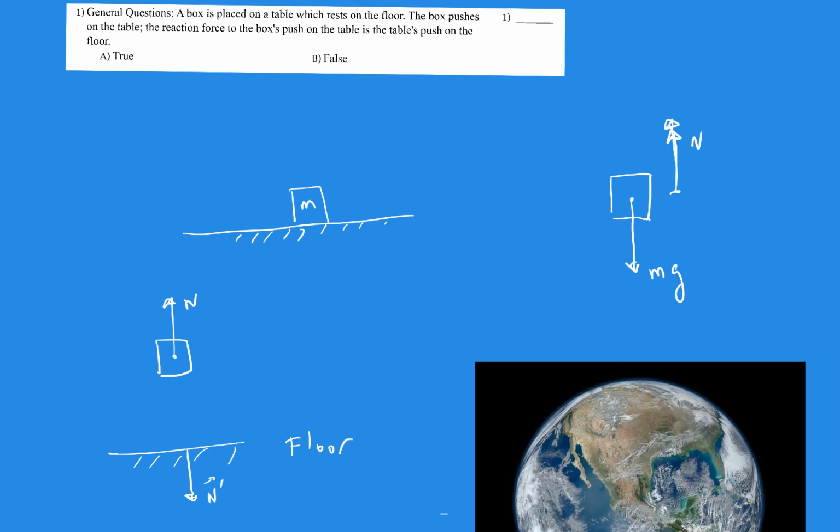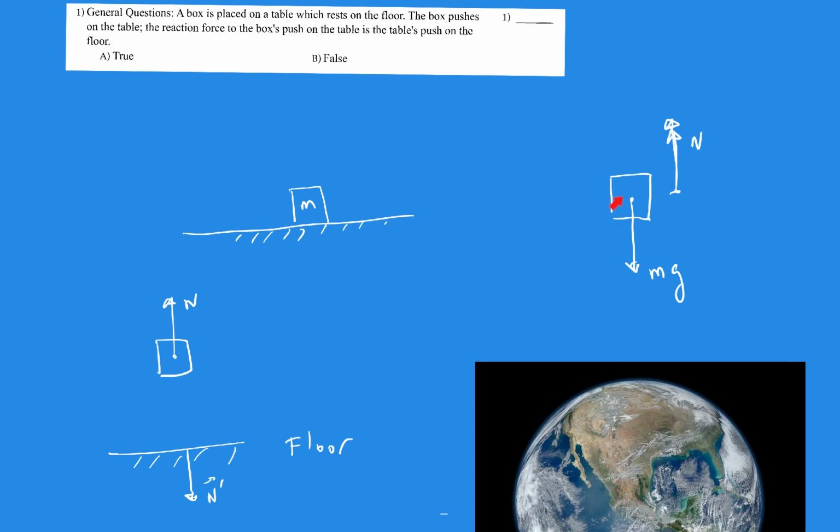Let's analyze what the reaction is. This is the mass. The mass is subject to only two forces. One is the weight, the force with which the earth is attracting it, and the other is the force that the floor is doing on the mass.